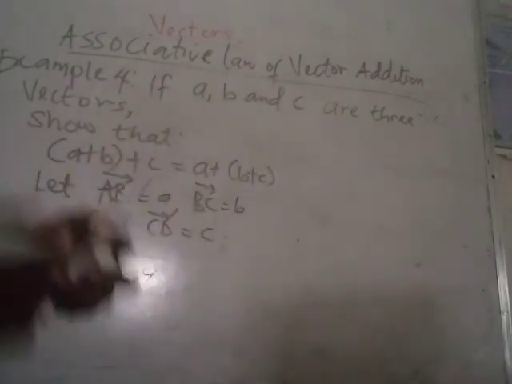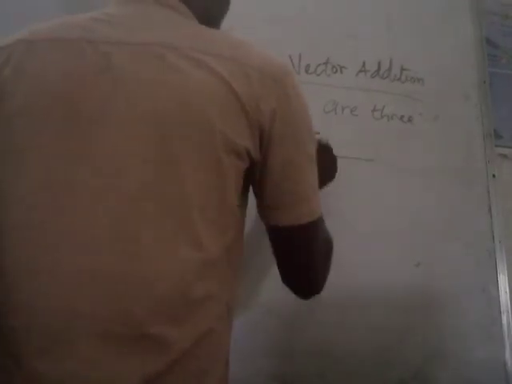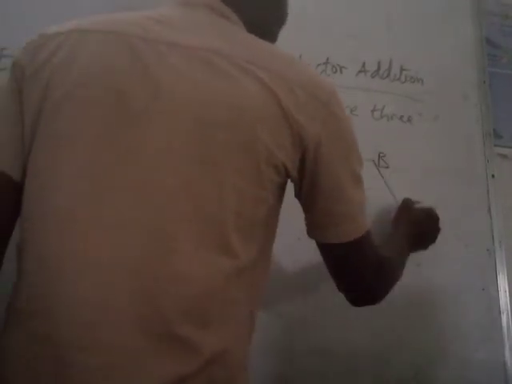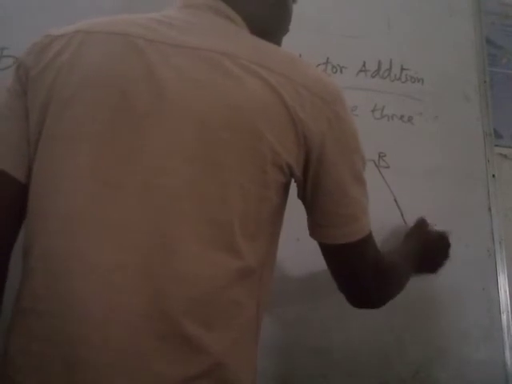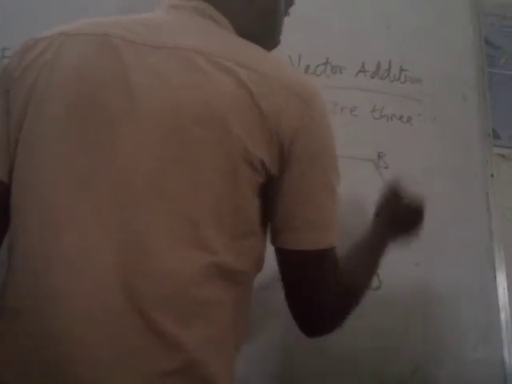Now, by the polygon law of vector addition, I'm going to have this AB, BC, and CD.